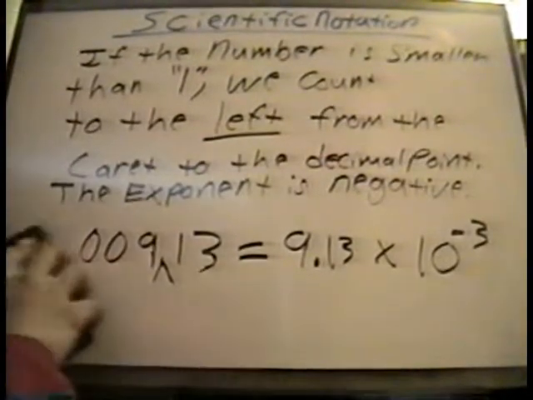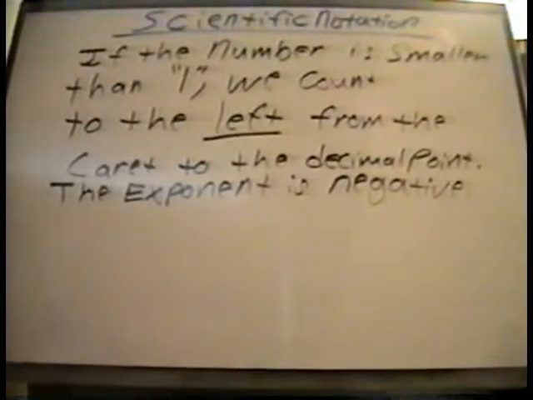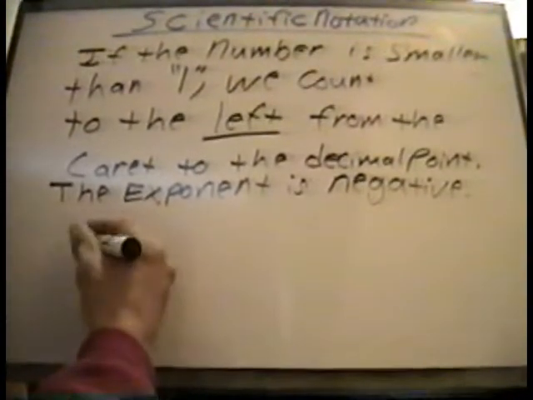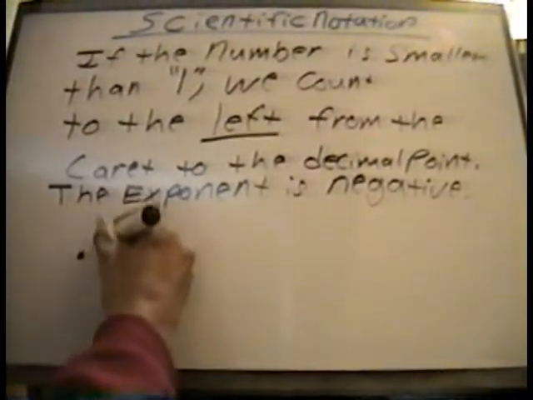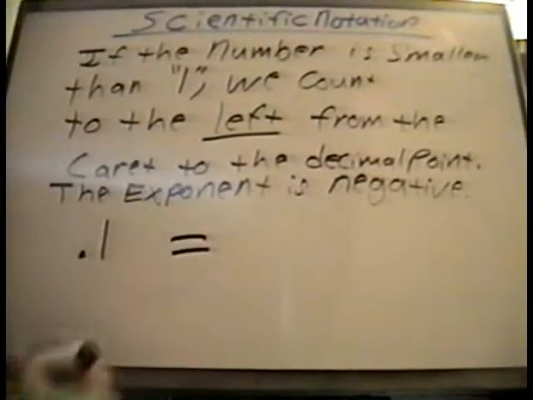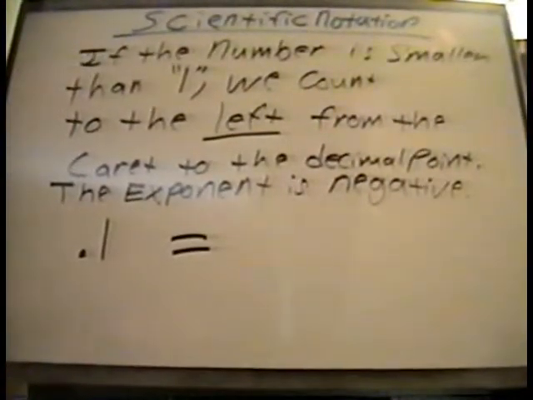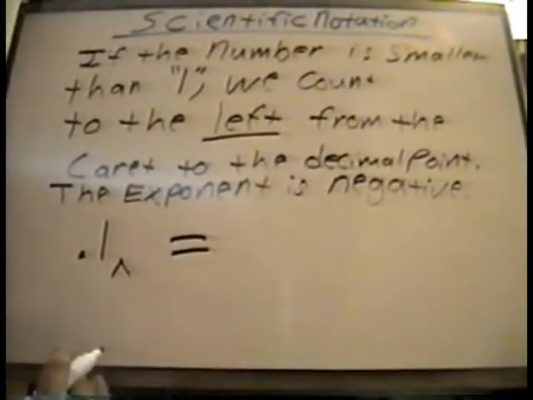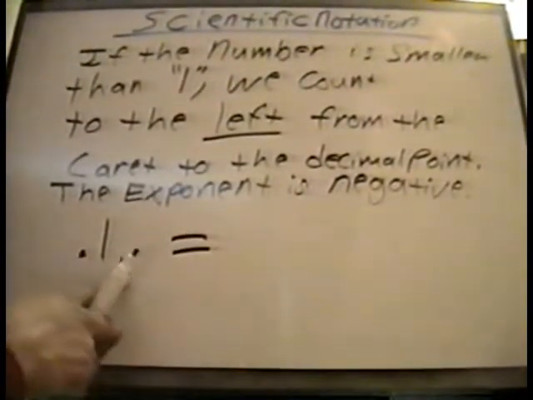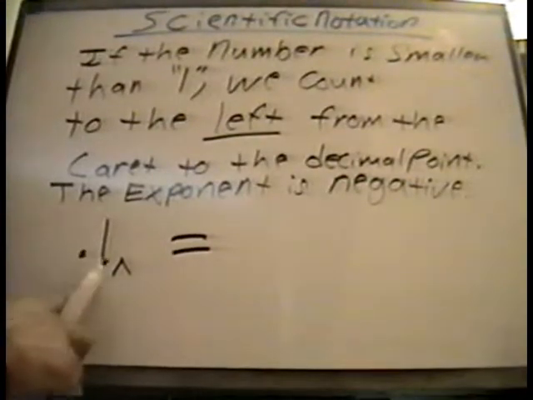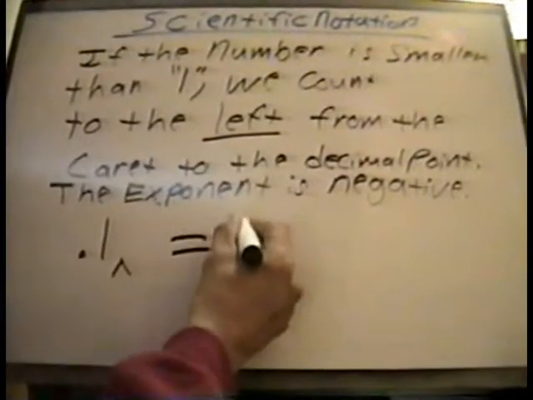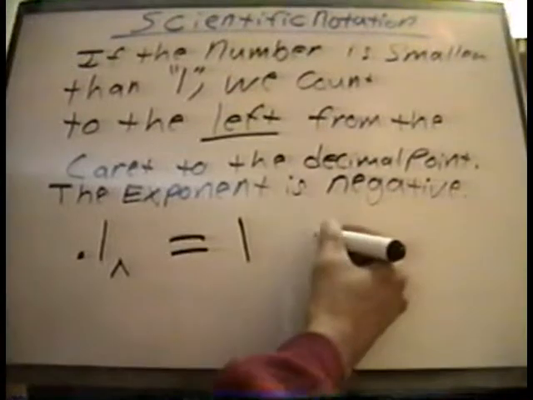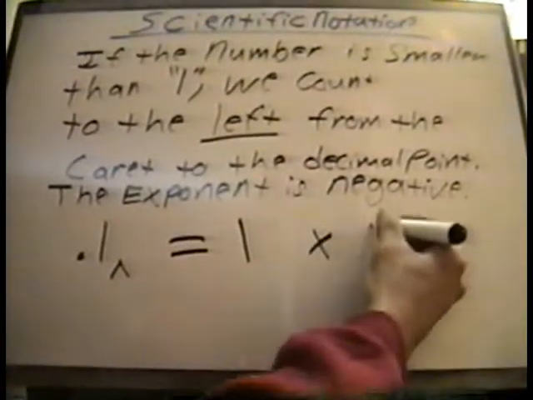Try 0.1. To find out what 0.1 equals in scientific notation, you place the caret to the right of your 1. Then you count the number of places between the caret and the decimal point, which is 1 place. So you end up with 1 times 10 to the power of -1, which equals 0.1.